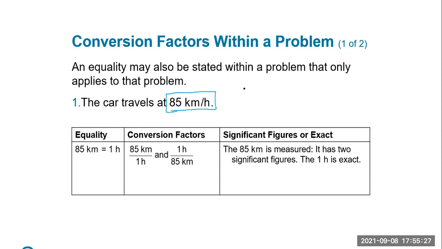Basically what that means is you are going 85 kilometers in 1 hour. It's the same thing if you're driving 65 miles per hour, it means you drove 65 miles in 1 hour. And from these equalities, you can write, again, two conversion factors.